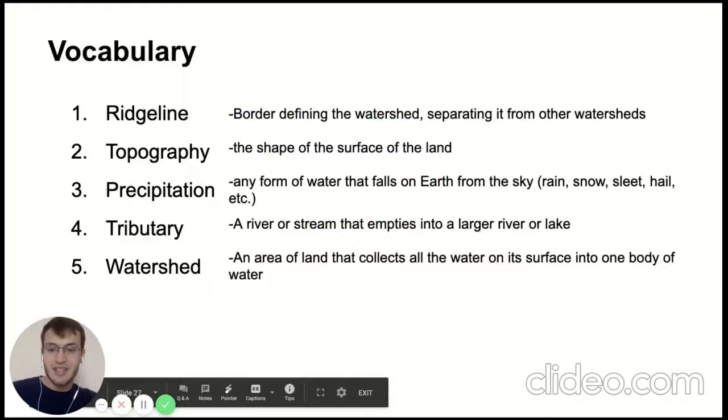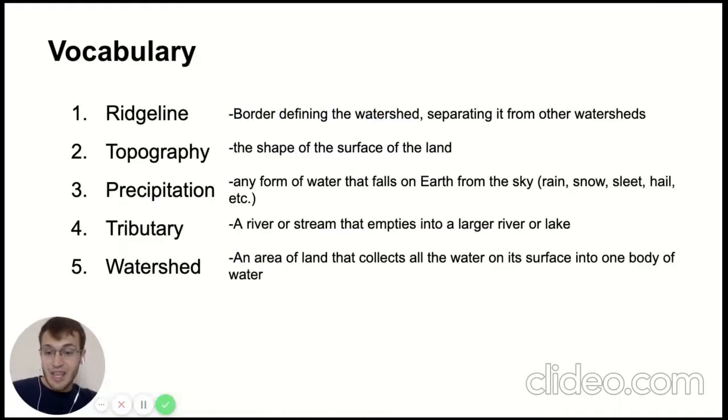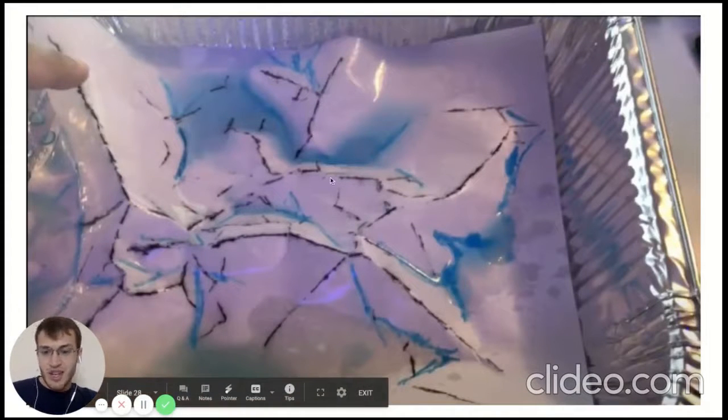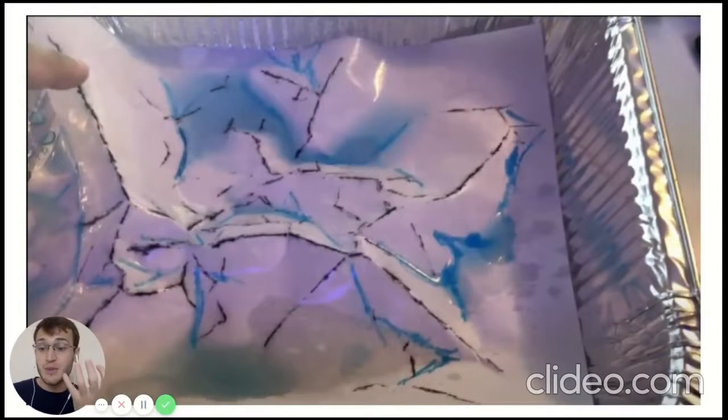Right? Watershed. Watershed is an area of land that collects all the water on its surface into one body of water. So a watershed is just land that when it gets rained on, all of that rain, snow, sleet, all that water is going to go to one place.